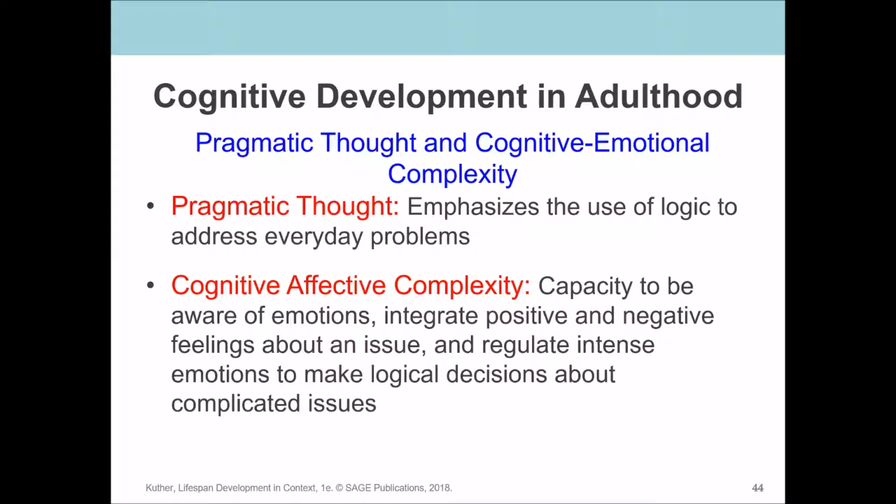And this leads us to cognitive affective complexity, the ability to be aware of emotions and integrate positive and negative feelings about an issue. This increases from early adulthood through late middle adulthood and then declines a little later, but it does help people with understanding others' perspectives, feelings, and motivations.